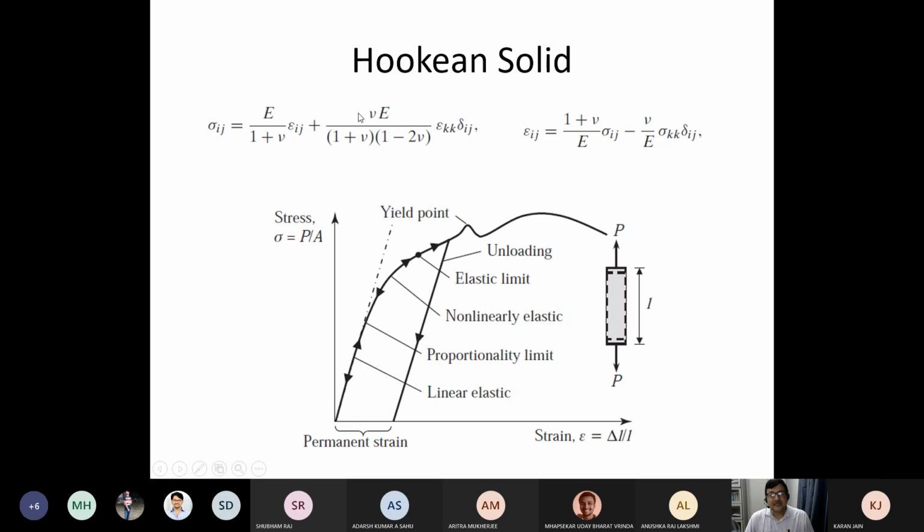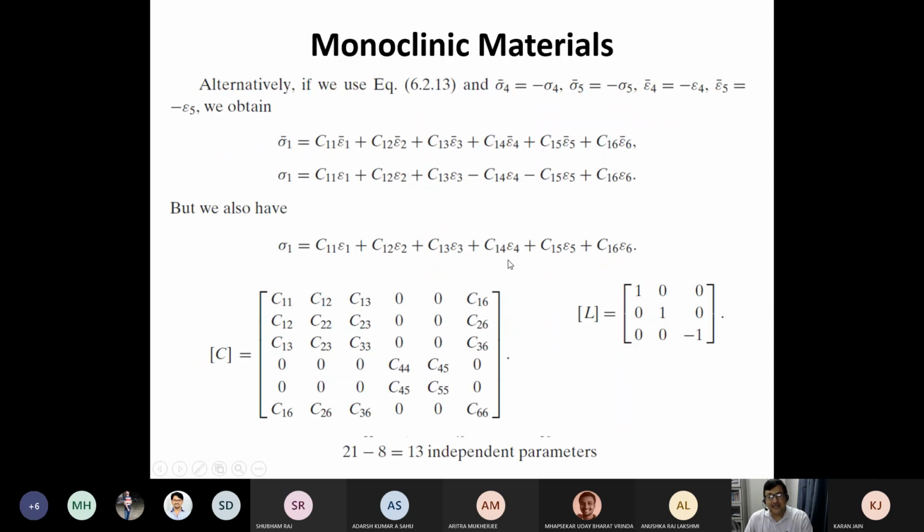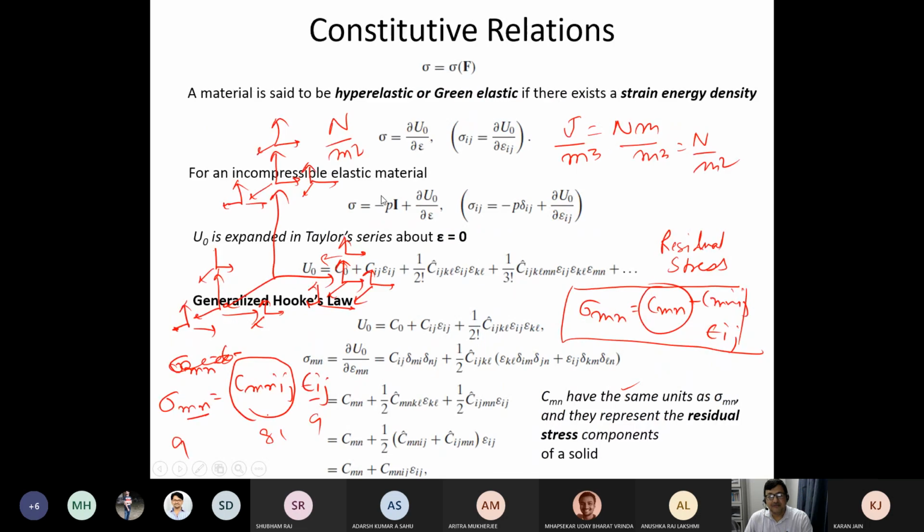If the material is incompressible, then the Poisson ratio is always 0.5. If you put nu equal to 0.5, you will find that this term will vanish, and for nu equal to 0.5 your stress will become only this P, the only pressure term that will come.